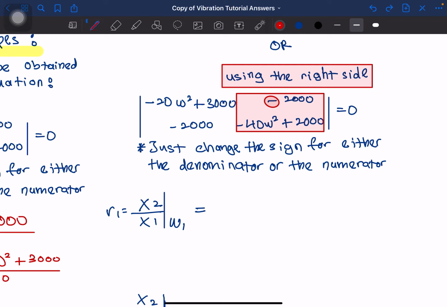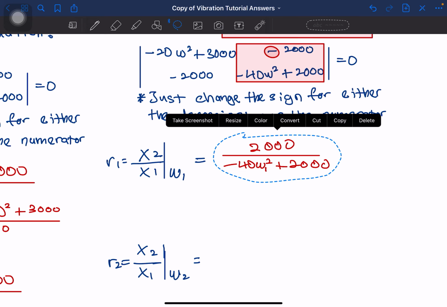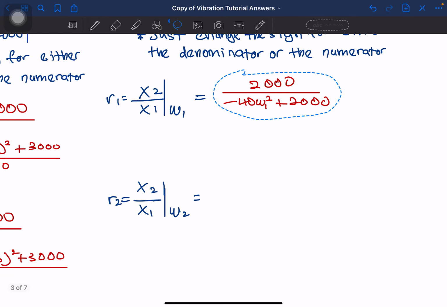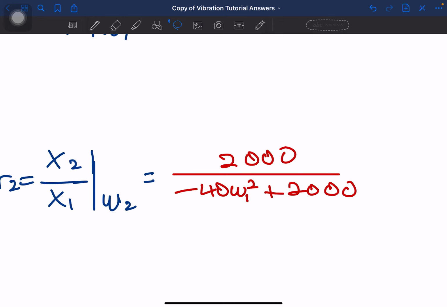I'm going to change the sign for 2000, so negative 2000 becomes positive 2000 over negative 40 omega squared plus 2000. For the first mode shape it is omega 1 squared, and for the second mode shape it will be omega 2 squared.